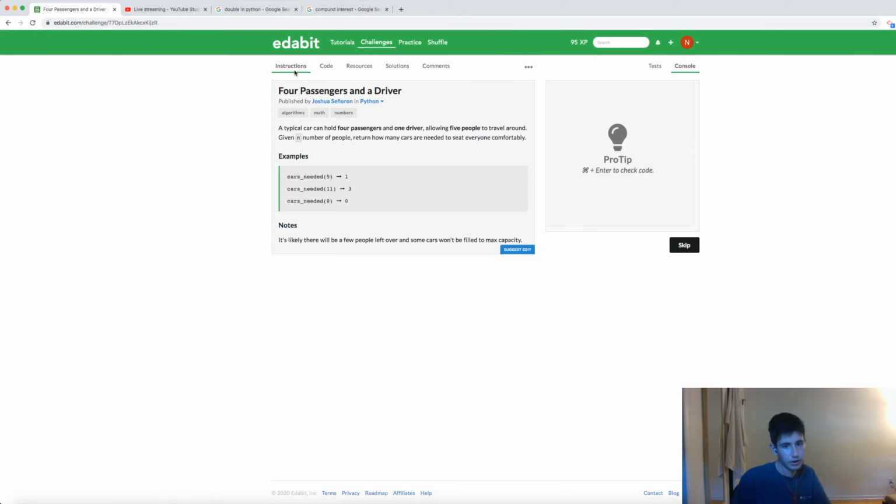Now, here, I think we're going to be using our friend modulo. All we need to do is return n modulo 5. First is passed, second is passed.